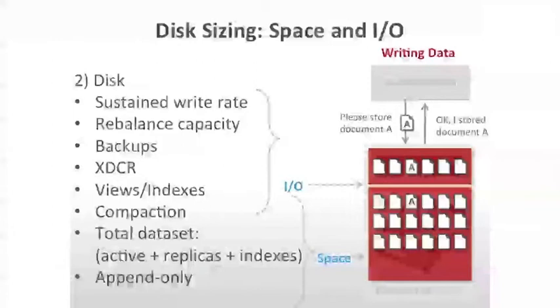But keep in mind that the entire data set, actives, replicas, and the indexes need to live on disk, that you may be doing backups of that data on the same disk drive, and that you need to do compaction of our append-only disk format, which means that your disk utilization is going to grow and shrink over time, and you need to make sure you have enough space for whatever the peak of that is.